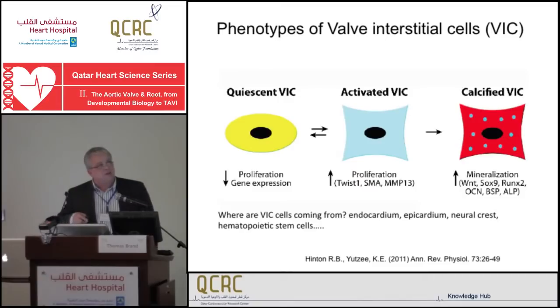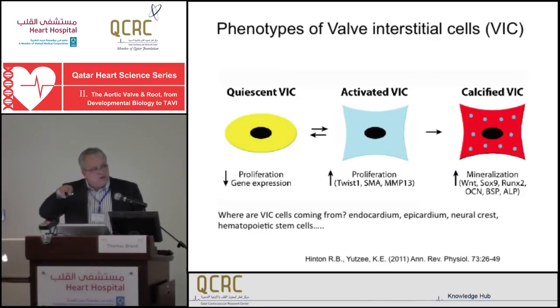And that involves in particular a cell type, the valve interstitial cells, which have been identified to be particularly sensitive to changes in flow and are the culprits that cause the calcification.